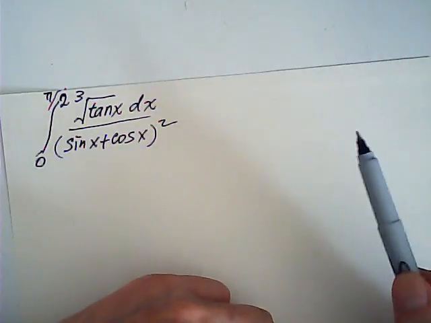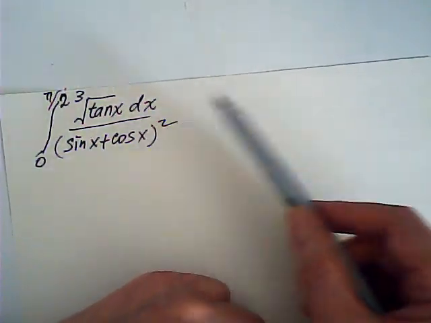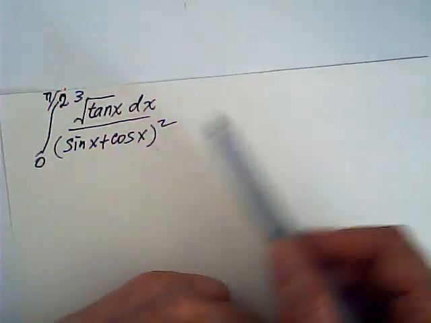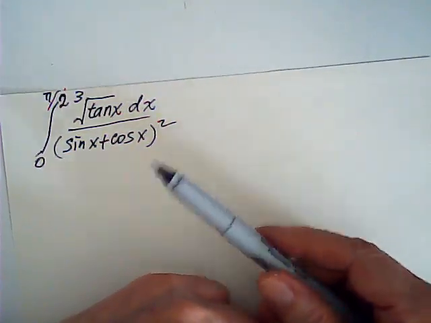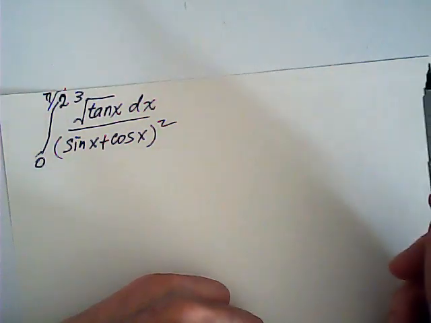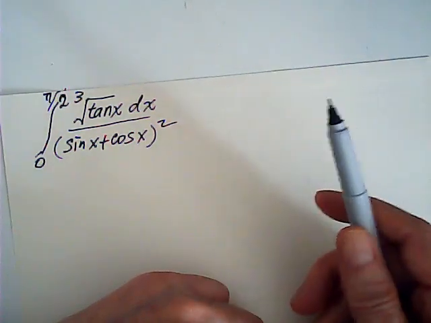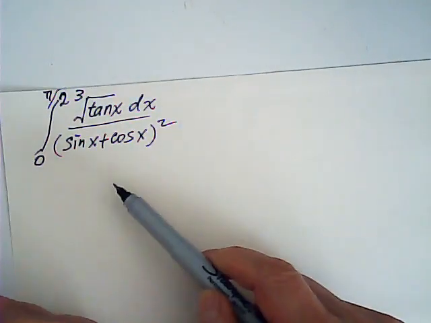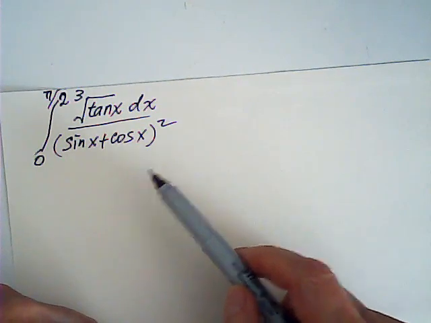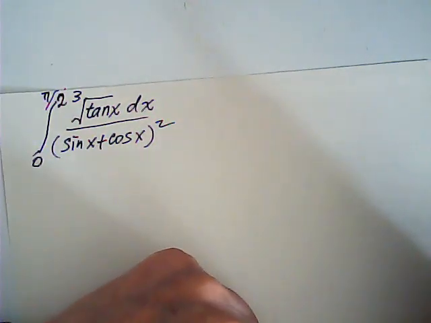Here I'm not using the gamma function or beta function. I'm just using basic simple techniques of integration like substitution, by parts, partial fractions, and so on. So this is a good example for those who are taking the basic calculus course.